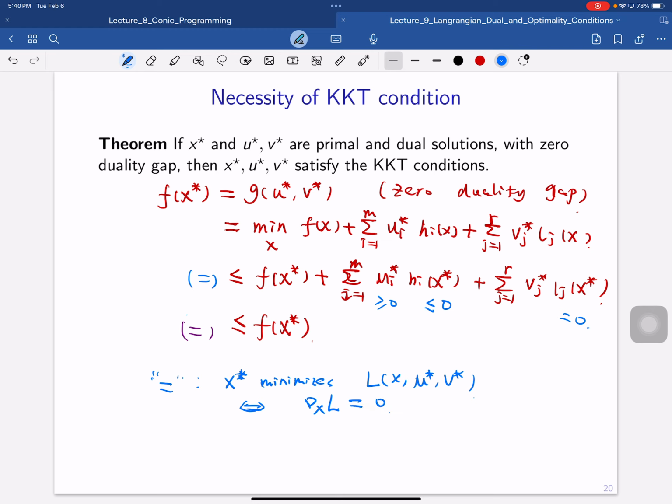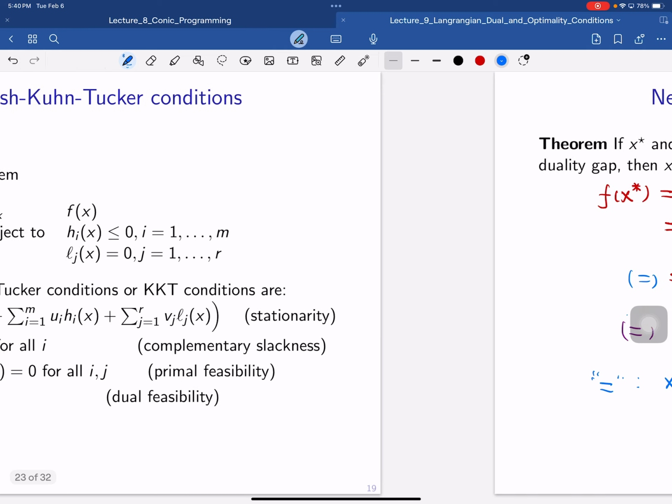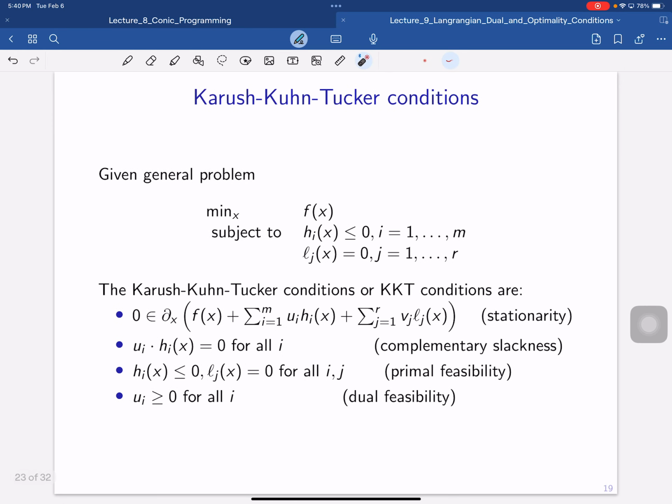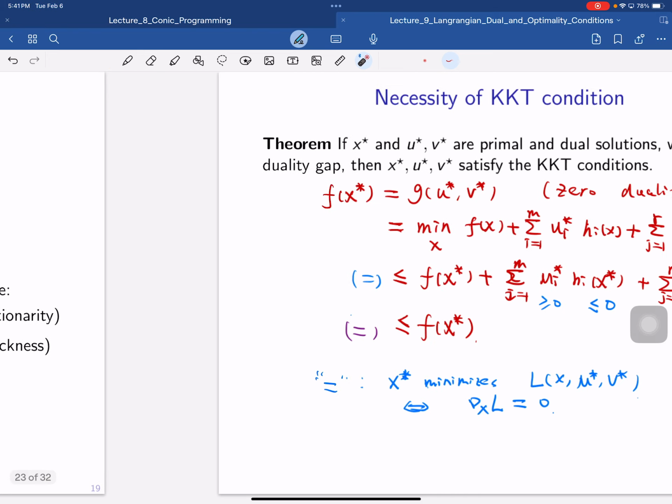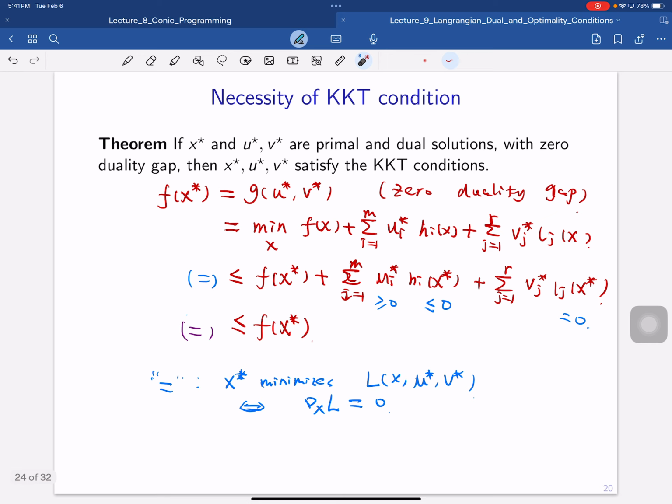So this already gives you one of the conditions, which is the stationarity condition. And of course, primal and dual feasibility are almost given: if they have a zero duality gap, then they have to be primal and dual feasible.